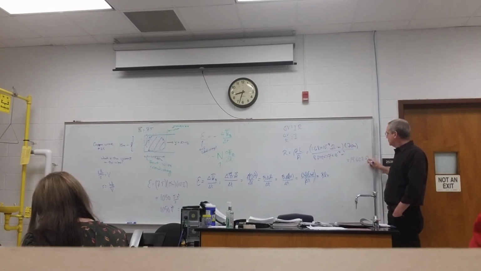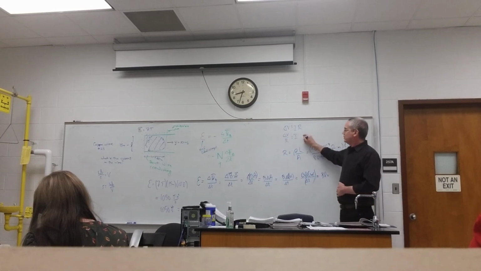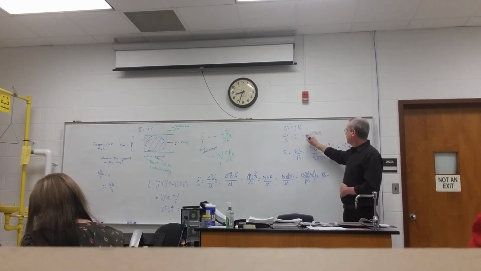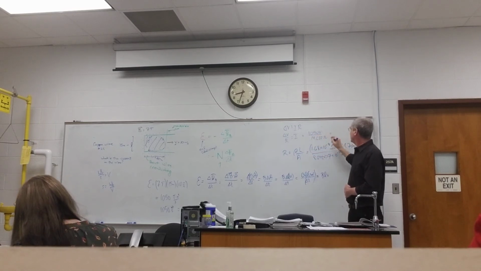Ohms. All right. So we now can find the current, because we had a huge voltage there, 1,050 volts divided by 14.622 ohms.